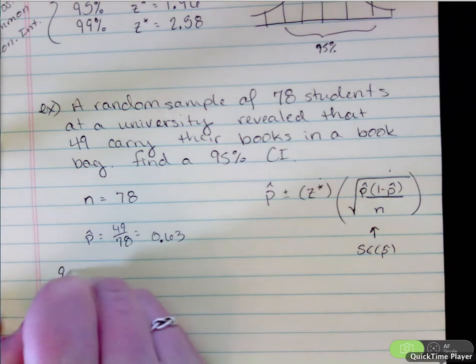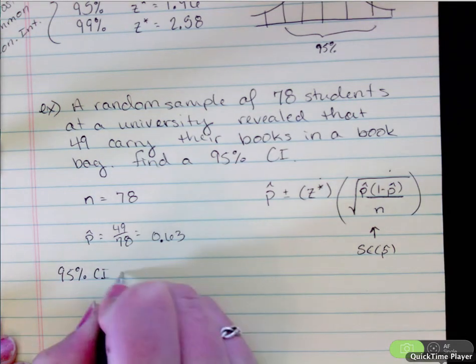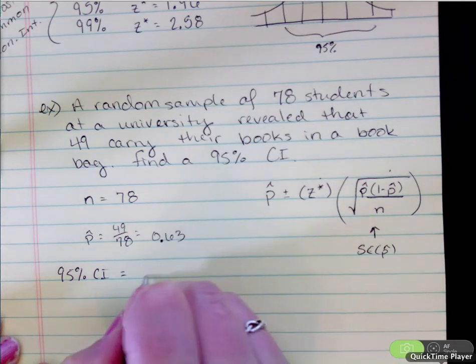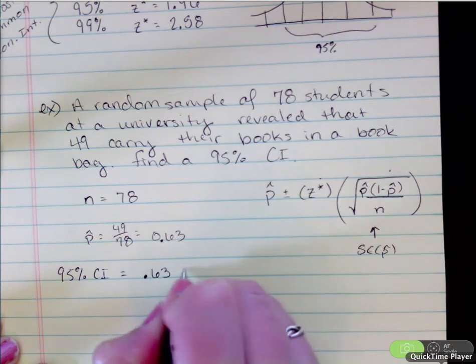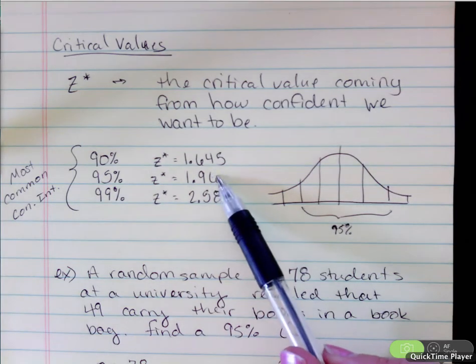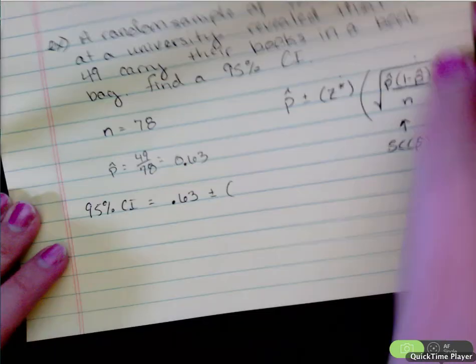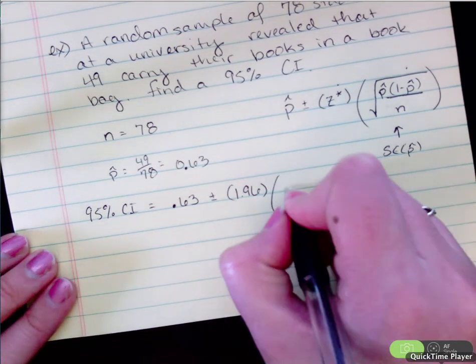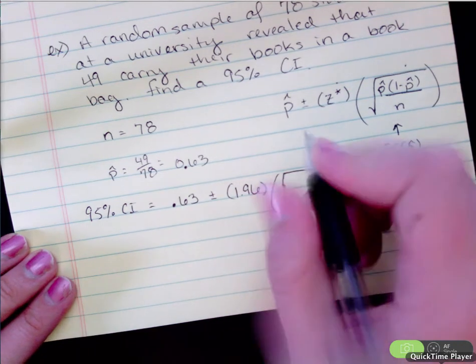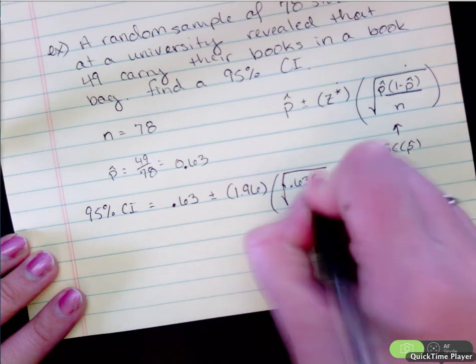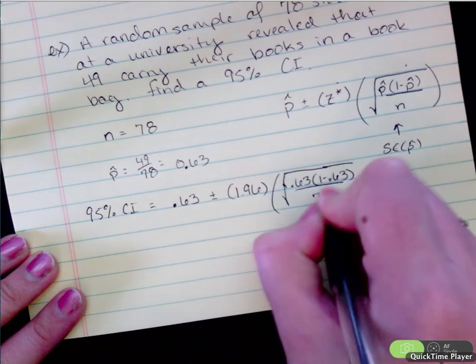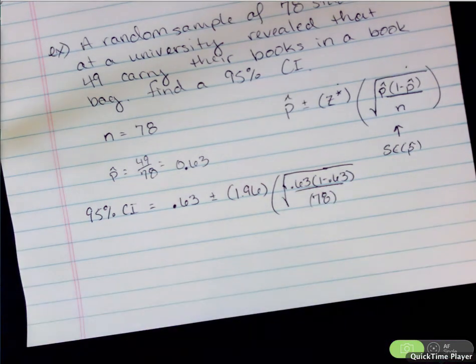So for a 95% confidence interval, we use p hat, 0.63, plus or minus, for 95%, the critical value 1.96, times the square root of 0.63 times 1 minus 0.63 over 78.